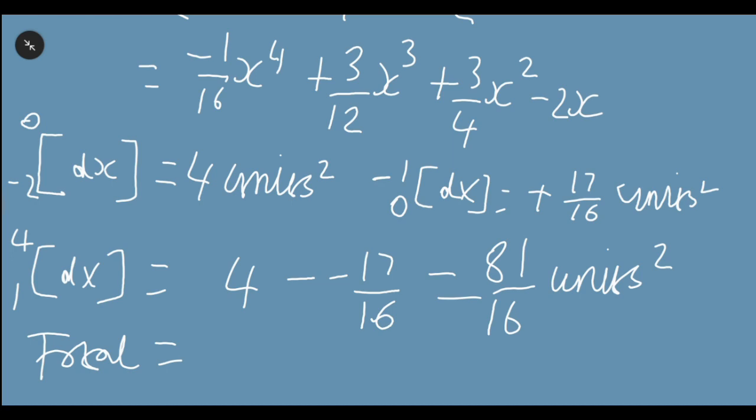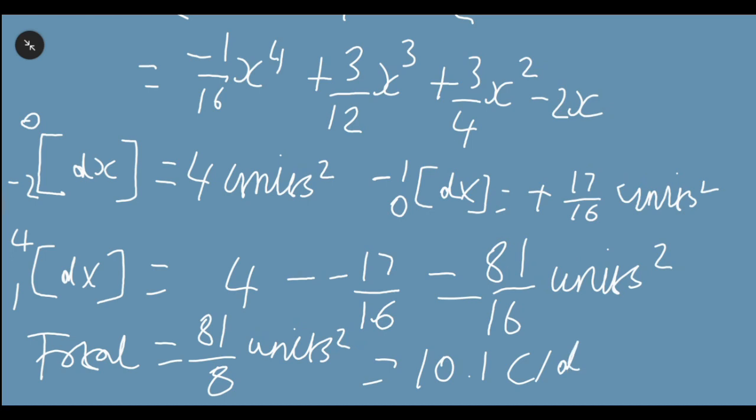So the total area of the shaded region is equal to 81 over 8 units squared, which is also equal to 10.1 to 1 decimal place. That was quite a tough question there.